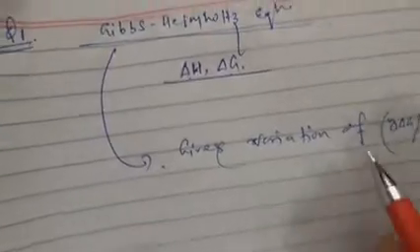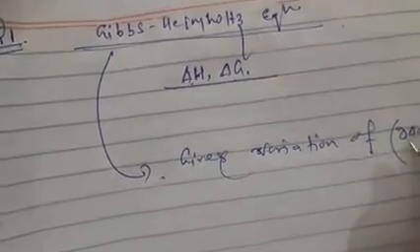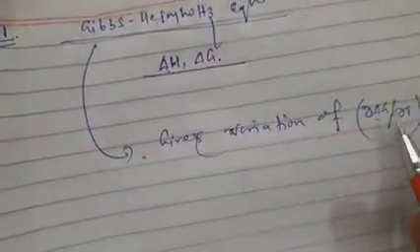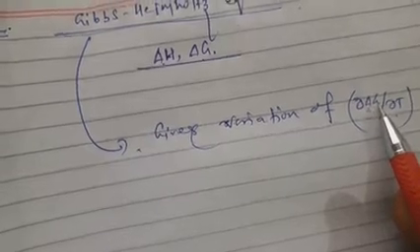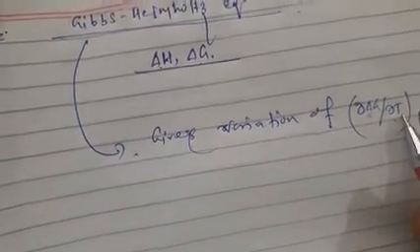This is the main outcome of this equation: how the change in free energy varies with temperature.